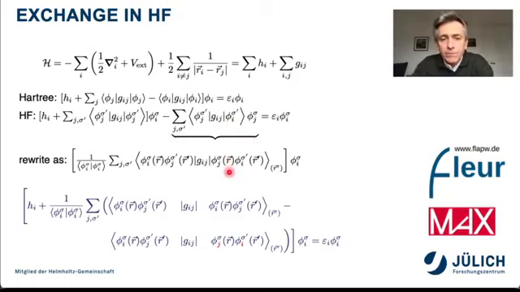Now we can rewrite this last term here also in the form of a non-local potential, and then we see the Hartree-Fock equation has now this direct term and this exchange term where these indices i and j are exchanged here, and this is the origin of the name exchange in Hartree-Fock.